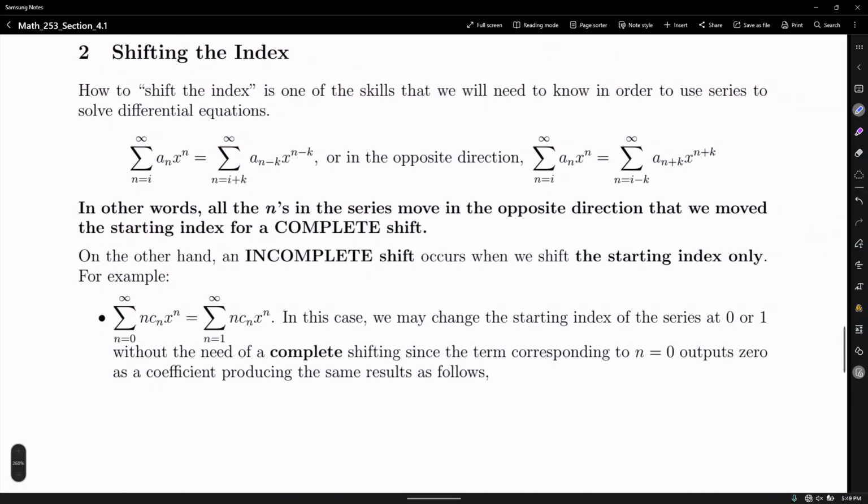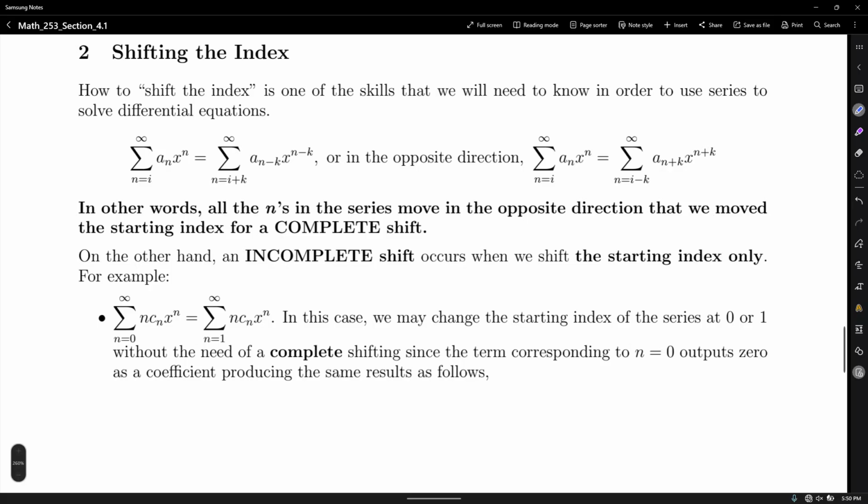Actually, I'm going to discuss two different shiftings: a complete shifting and an incomplete shifting. Oftentimes we may need a series that has a starting index at a very particular number, and in some cases we may need to add or subtract a number in order to achieve that starting index.